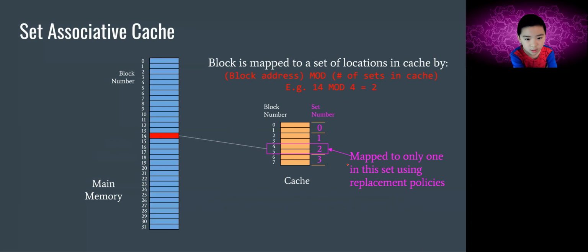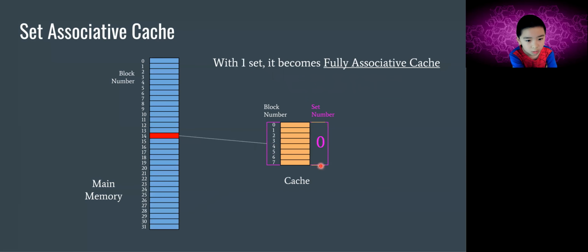Then inside the set, which contains locations 4 and 5, the exact location is determined by replacement policies, just like the fully associative cache, and with less chance of conflict than direct mapped cache. We can define the set size as 1, 2, 4, and 8.